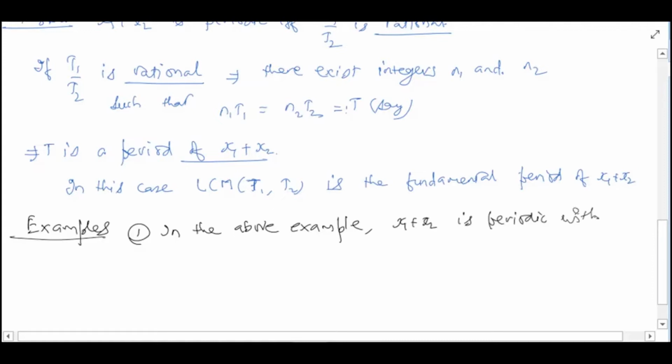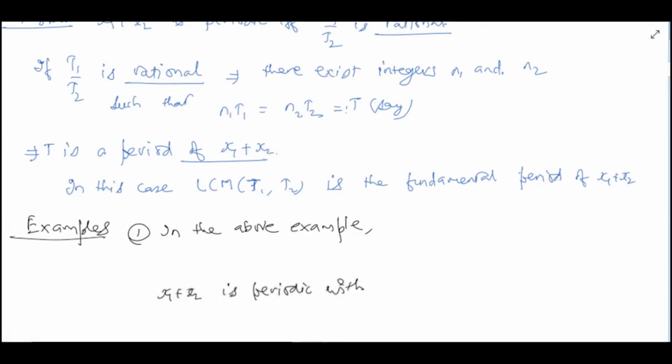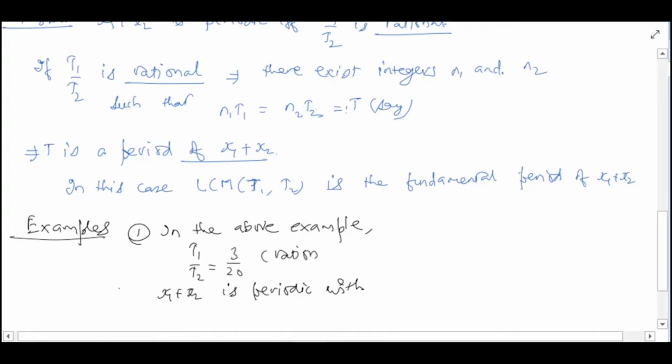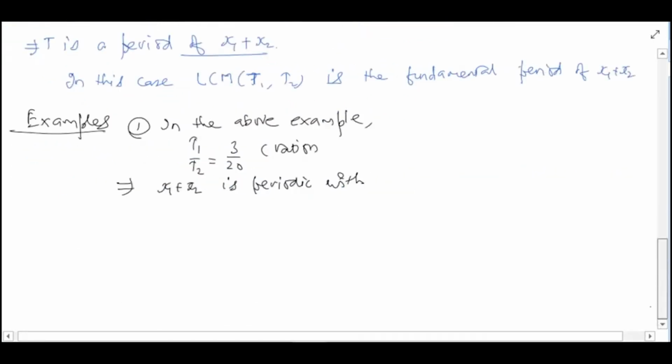T1 by T2 is 3 by 20, which is rational. So x1 plus x2 is periodic with fundamental period 60.